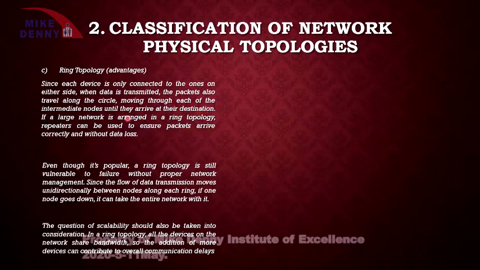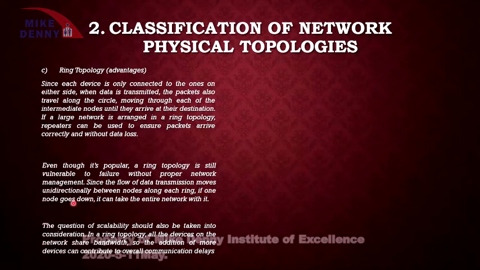If a large network is arranged in a ring topology, repeaters can be used to ensure packets arrive correctly without data loss. Even though it's popular, a ring topology is still vulnerable to failure without proper network management, since the flow of data transmission moves unidirectionally between nodes along each ring.